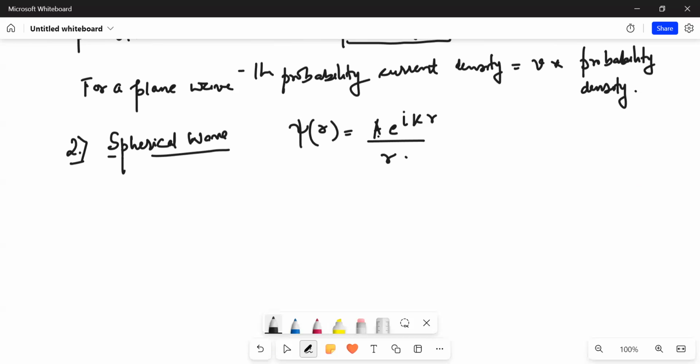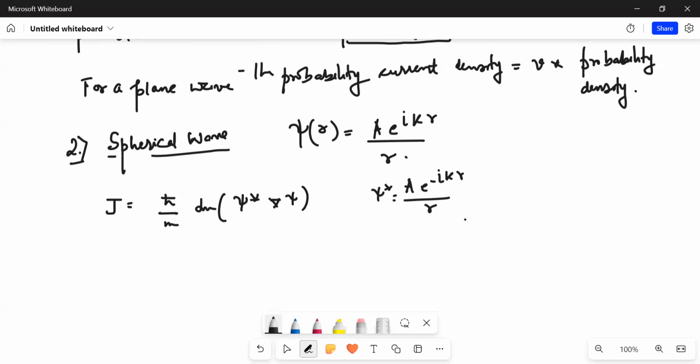Yes, okay, good. So now if I want to write the probability current density, it will be equal to ħ upon m times the imaginary part of psi star del by del r of psi. Psi star is A* e^(-ikr) divided by r.